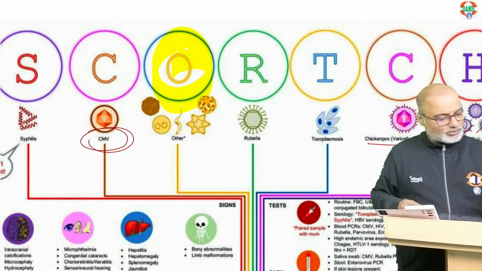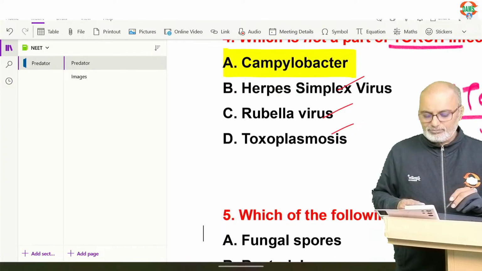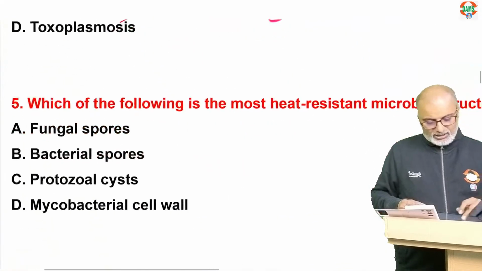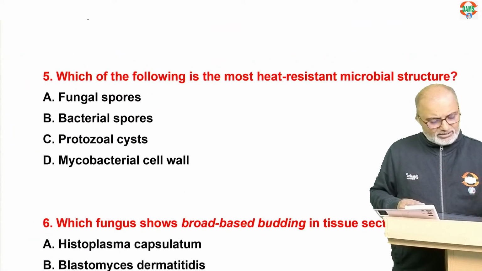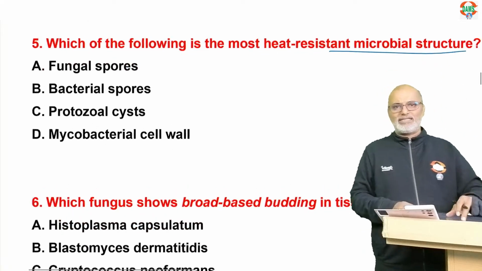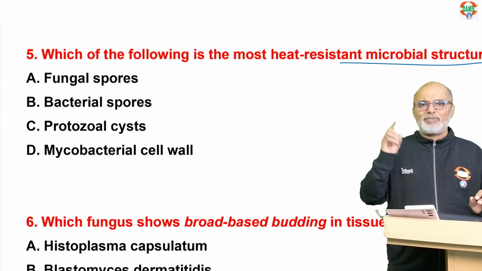You are right, Rizwan. Next question is, which of the following is the most heat resistant microbial structure? You should know this, because if you are practicing sterilization and disinfection, you should know which heat to apply.